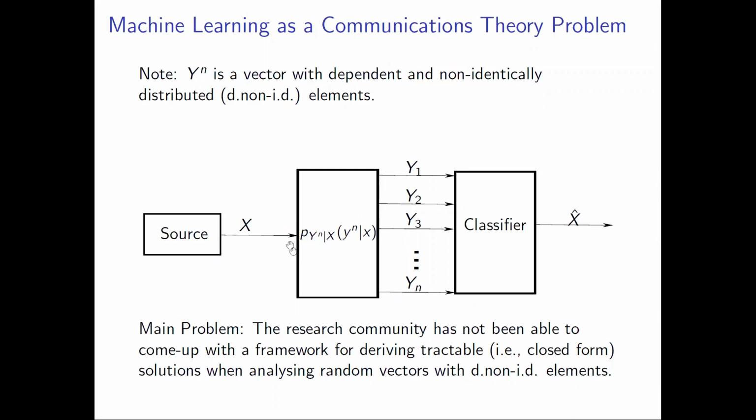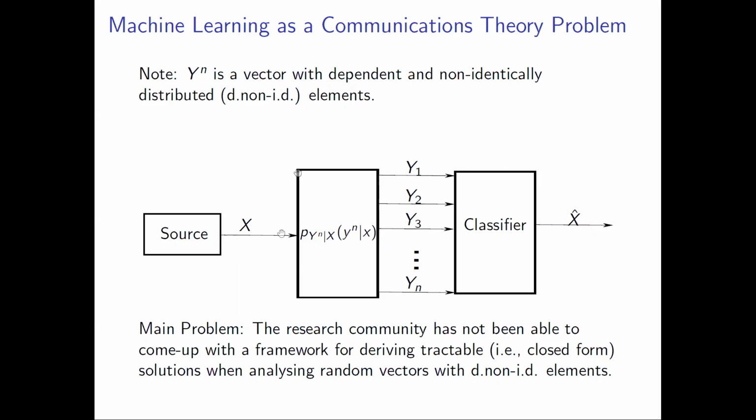This distribution is unknown, and it produces elements which are mutually dependent and non-identically distributed. And we, as a research community, have had difficulties in coming up with a framework for deriving tractable or closed form expressions when we analyze random vectors with dependent and non-identically distributed elements, especially when we don't know from which distributions those elements come from. And this is, again, the problem in machine learning.